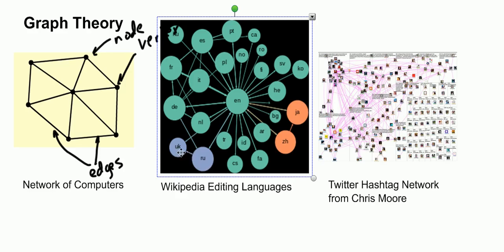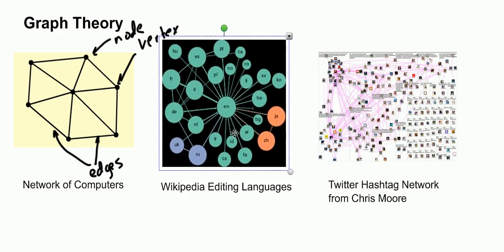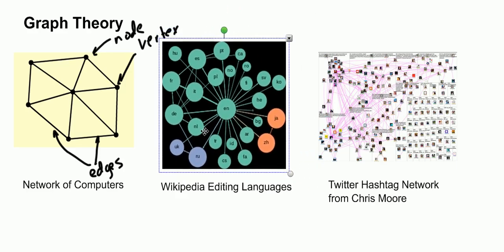So Ukrainian and Russian have edited each other's pages. But this is more like a relationship graph, and it does have directions. You might have Hungarians who have contributed to English, but not the other way around, and so on. So graphs can represent easier geographic or physical connections, but can also represent relationships.